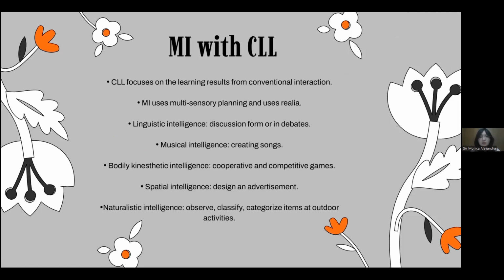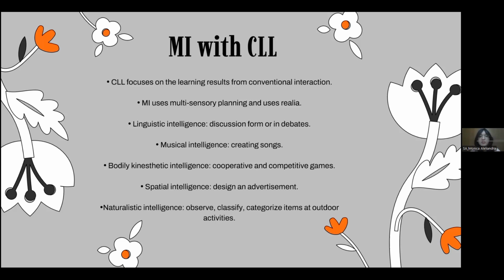But it can be molded together with multiple intelligences, which use multisensory planning and realia by making use of cooperative activities involving pairs and small groups of learners. So, we can group each student based on their intelligence type and give them lessons according to their types in order for them to receive the lesson better by using their intelligence.